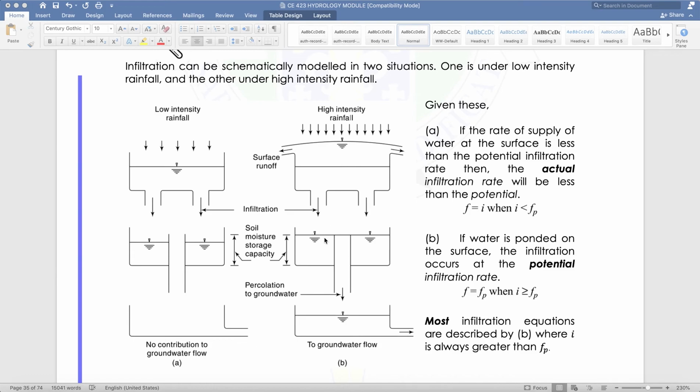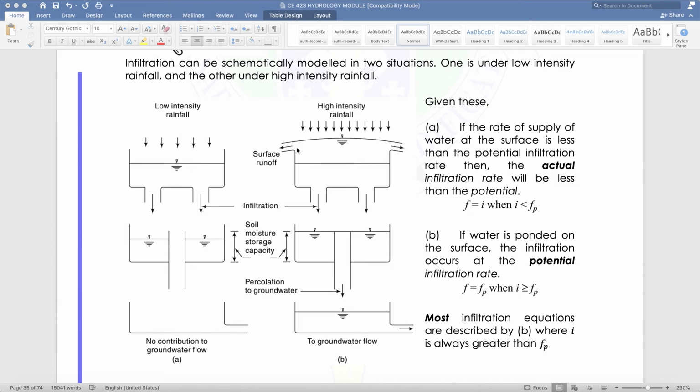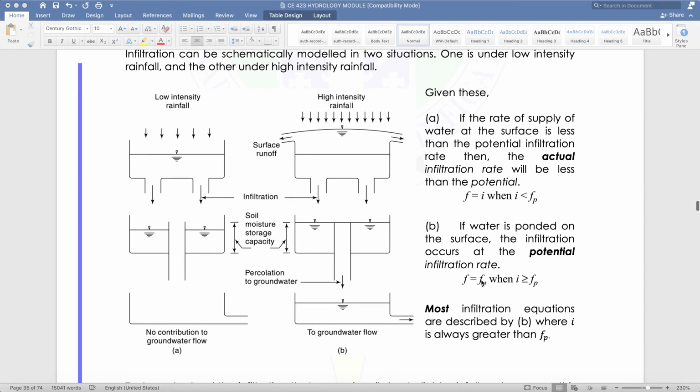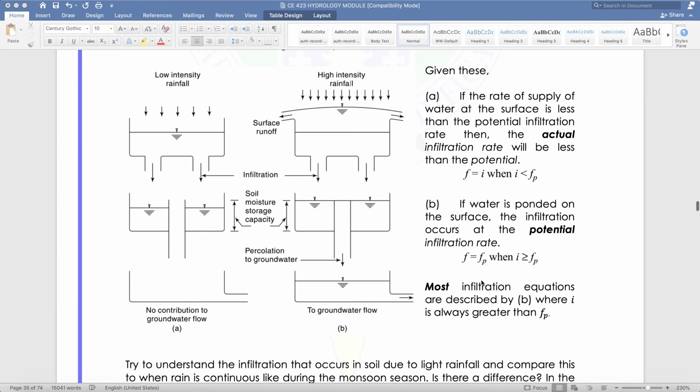Since it has already reached its capacity, bababa yung water particle natin, it will help in the groundwater recharge, thus creating groundwater flow, and at the same time there will be a surface runoff kasi hindi lahat ng yon magsisip in dun sa soil natin. Okay? So most infiltration equations are described by this, where I is always greater than FP. FP is the potential infiltration rate.